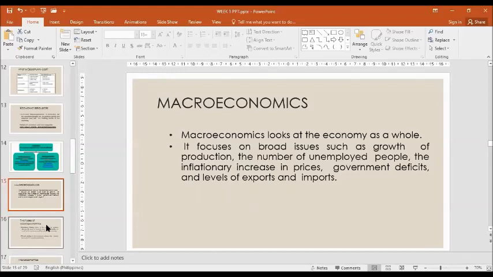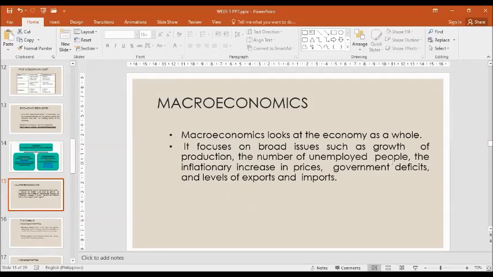So here, we will start in the large portion of economics, which is macroeconomics. Macroeconomics looks at the economy as a whole, and it focuses on broad issues. Again, as I mentioned, growth of the economy or production, the number of unemployed people. That's why it affects the performance of the country if the unemployment rate is increasing.